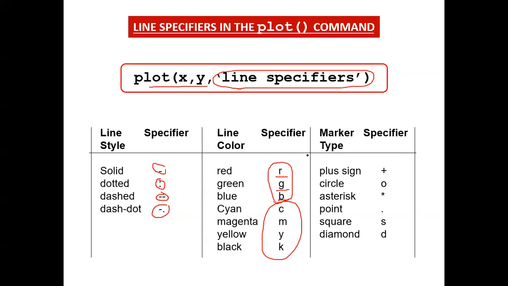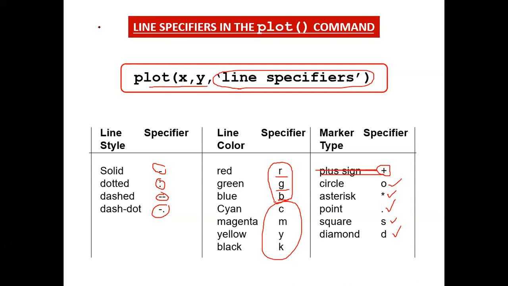Another option is the specifier for the marker type. What type of marker do we need? It supports various types of markers. If we need a plus symbol, we add the plus sign specifier, or a circle symbol, asterisk symbol, dot symbol, square symbol, or diamond symbol.